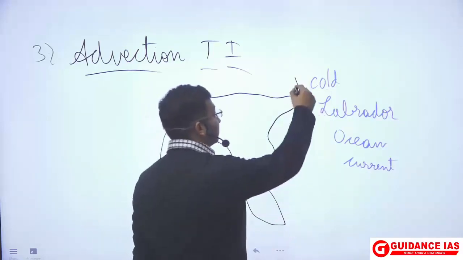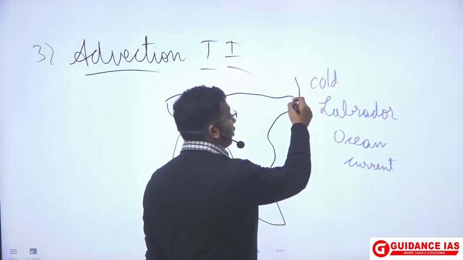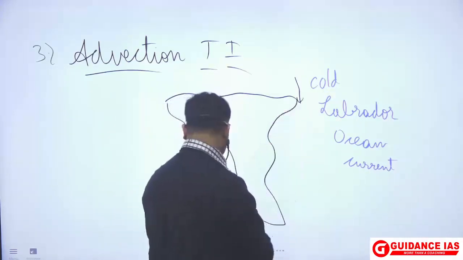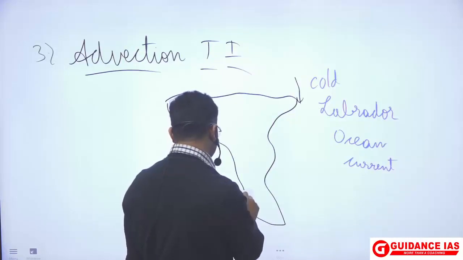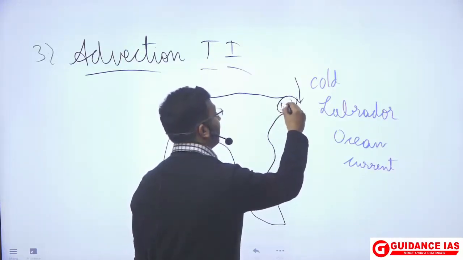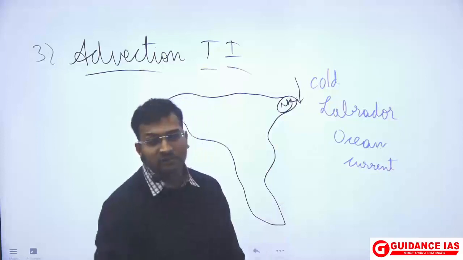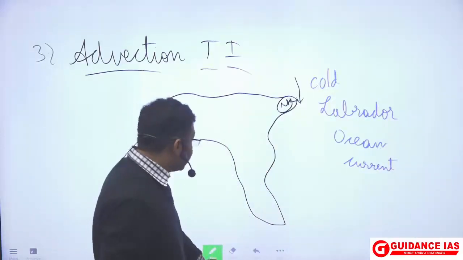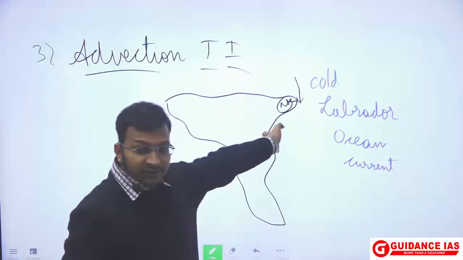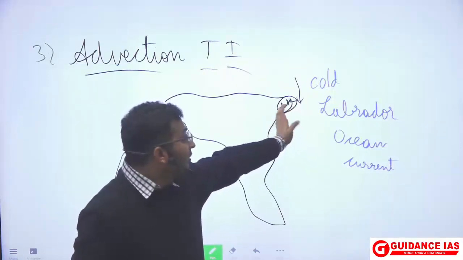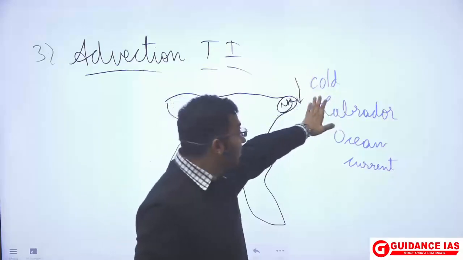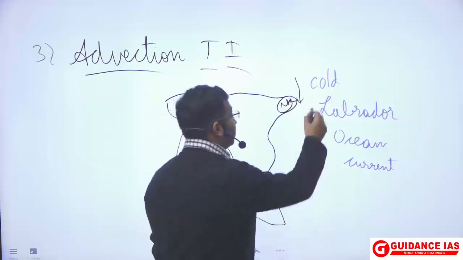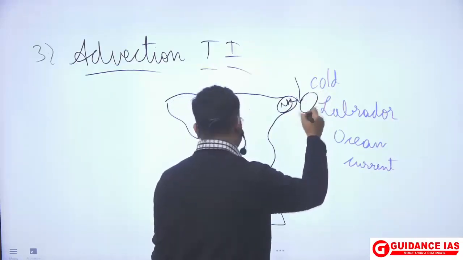So the cold masses, when they reach North America, especially around the Newfoundland region, somewhere there, you can just look into the map. Okay. So what happens is the land surface temperature being warm compared to the cold Labrador ocean current, there will be formation of fogs in this region.